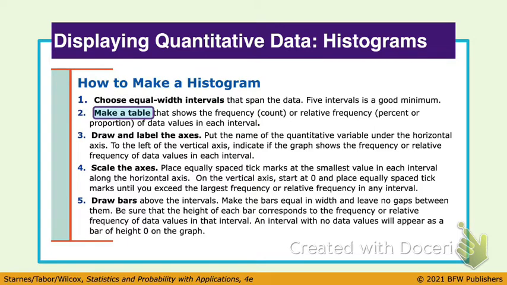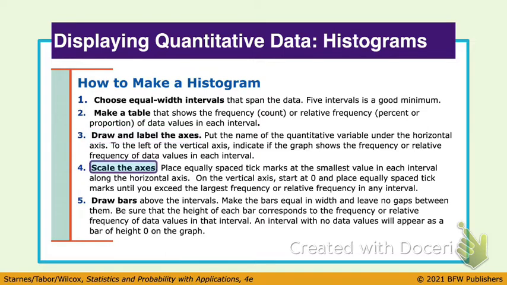The next thing we're going to do is make a table that shows the frequency, or the count, or the relative frequency for each of the intervals. So we're going to find out how many values are in each of the intervals that we've come up with. Then we're going to draw and label the axes. We want to make sure we name the x variable, and then we want to say whether it's percents or counts on the y-axis.